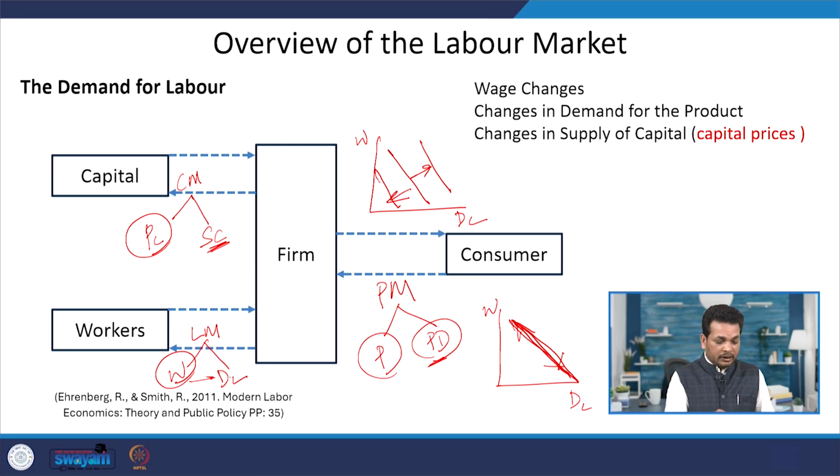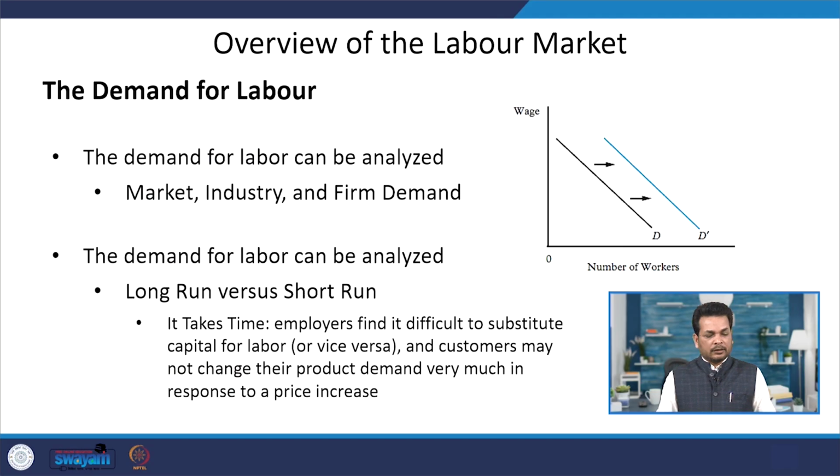So, the demand for labor in the labor market is a comprehensive study: how it relates with respect to the wage, how it relates with respect to the supply of capital, and how it relates to the product demand in the product market. The demand for labor can be analyzed at various levels: at market level, at industry level and at a particular firm.